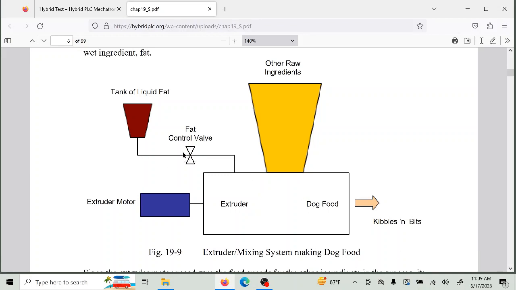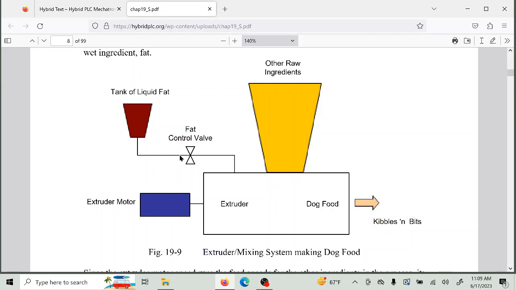He had an SLC processor, and we wanted to add the fat. It followed a process already in place where they added the other ingredients, and then they turned an extruder with a big DC motor, and out came what I call kibbles and bits. So this was already in place. They just wanted to add this one ingredient.